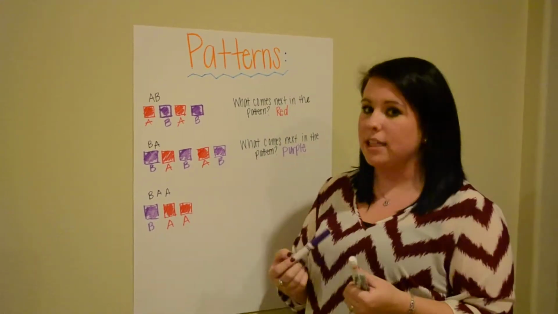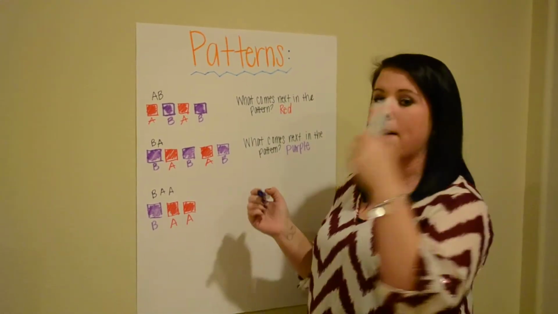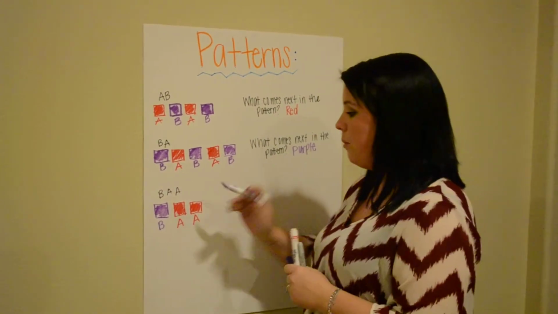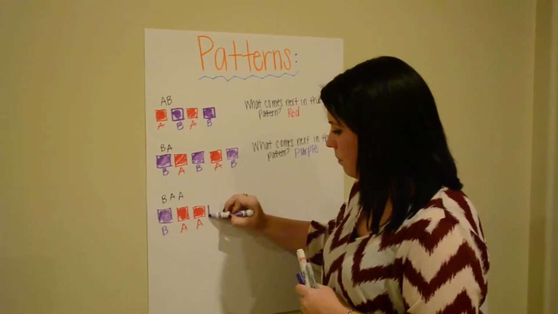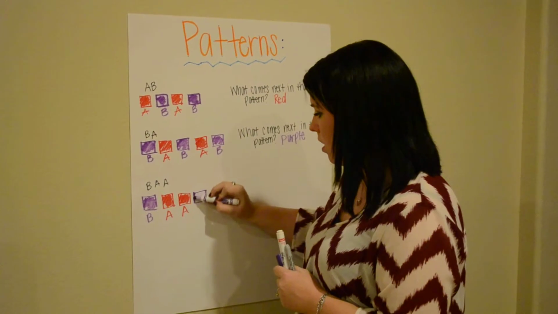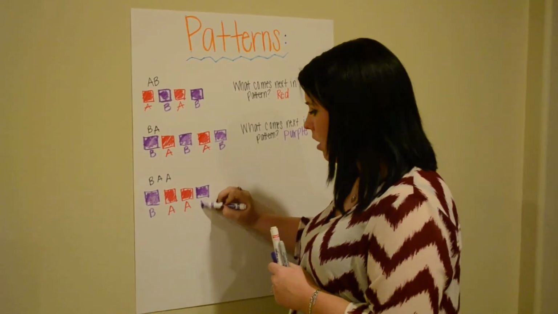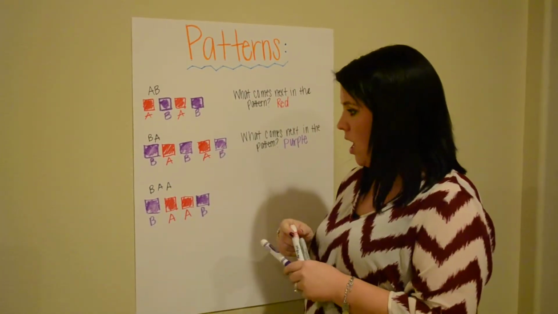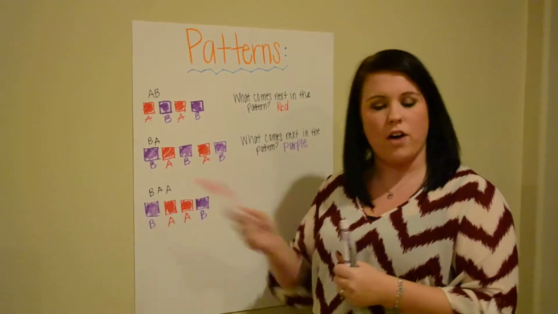So to complete the pattern, we would then start back over from before, and we would go back to the B. Purple square, labeling B.